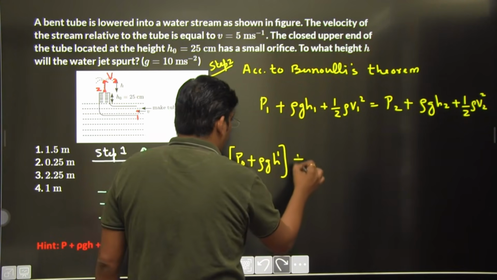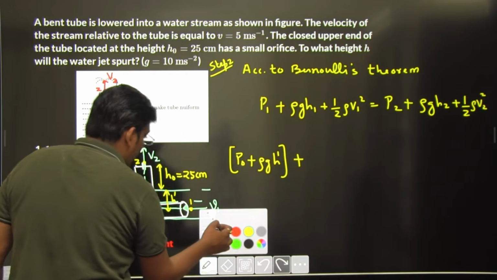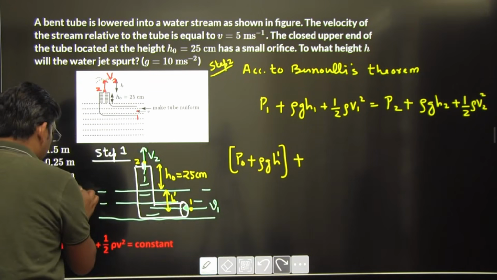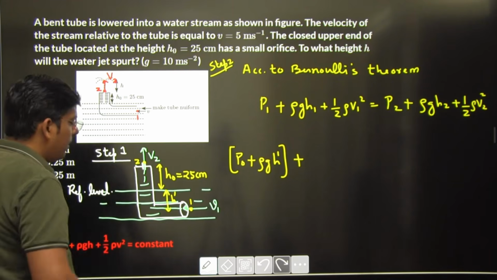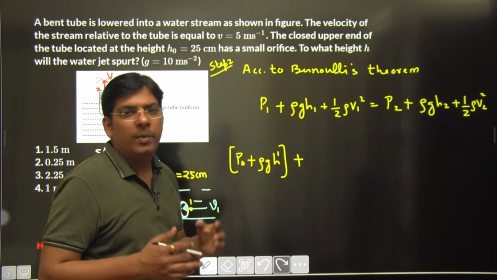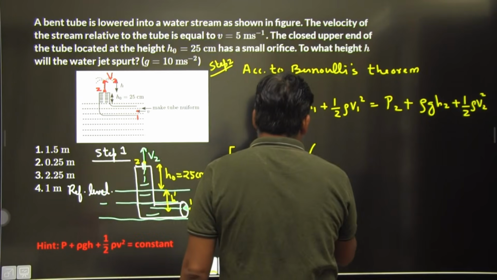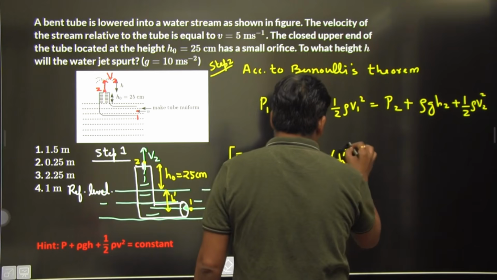Now for potential energy per unit volume, for finding the potential energy we must mention a reference level. I'll consider this water surface to be the reference level, so height h dash has to be taken as negative. So potential energy per unit volume here would be rho g, taking the height as negative, minus h dash.